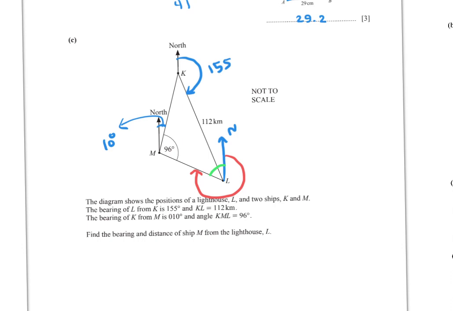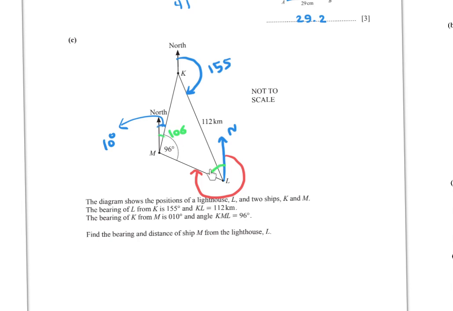We can find this angle because this is the north and this is the north. So this angle plus that one equal 180 because of interior angles. This angle is 96 plus 10, so 106. So the whole angle is 106.